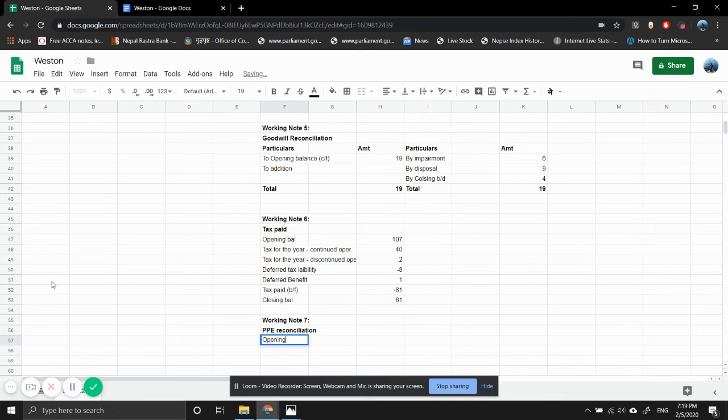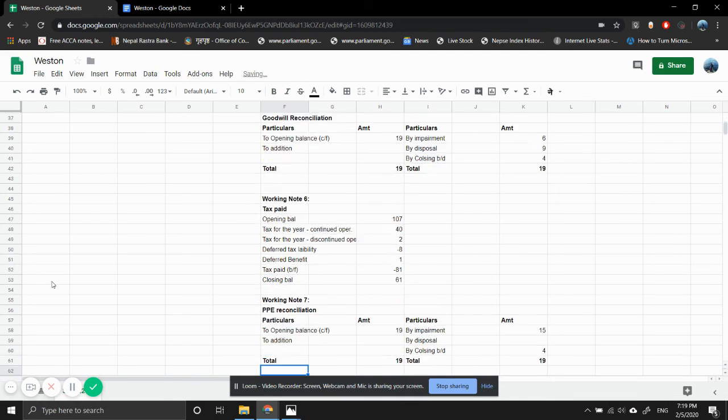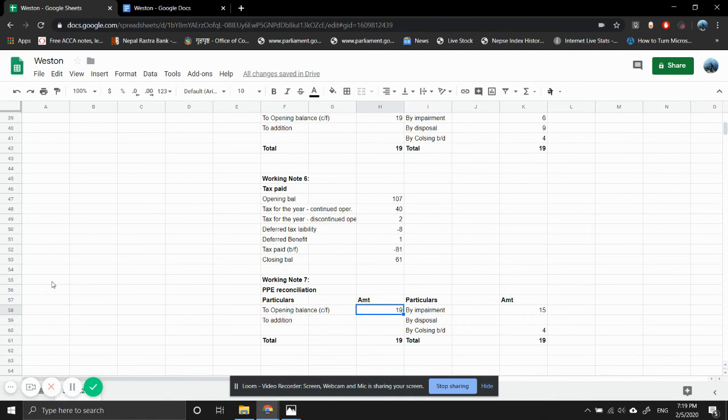So opening. In this as well, what I can do is I'll just use that classic template. Copy, paste. So what has been the impairment? I guess there will be depreciation, and then disposal will be there. Closing balance, we'll figure it out.